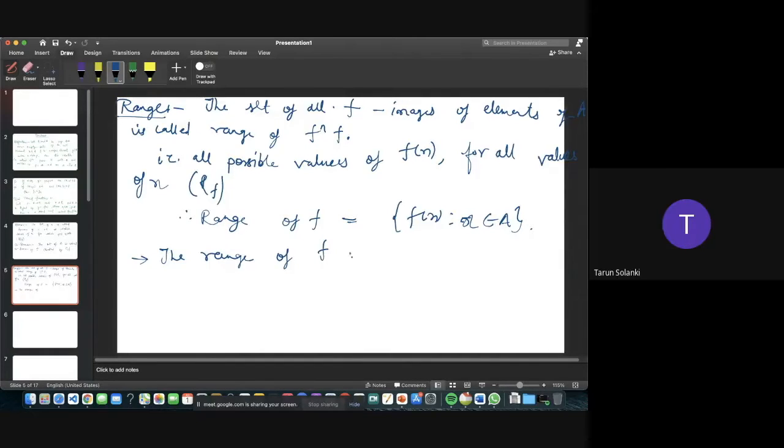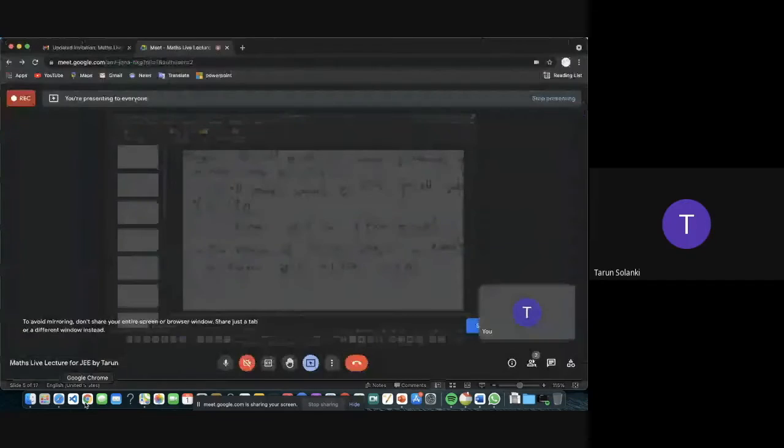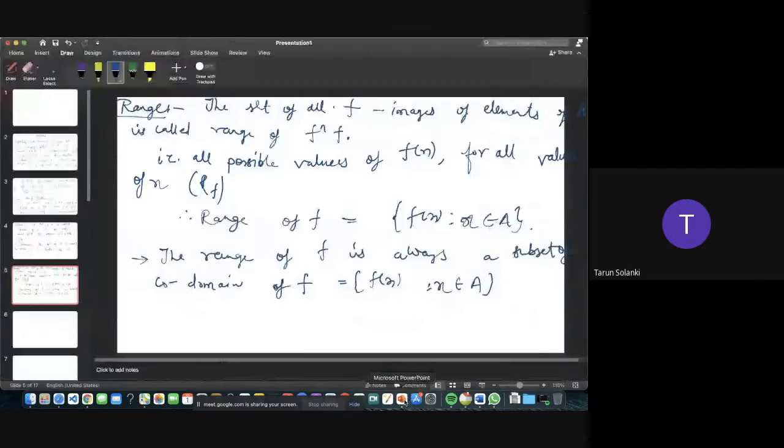The range of f is always a subset of the codomain of f.